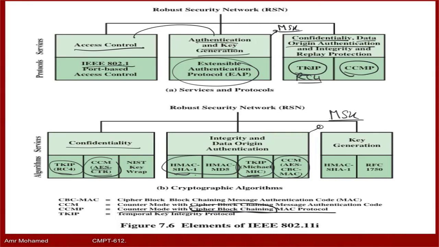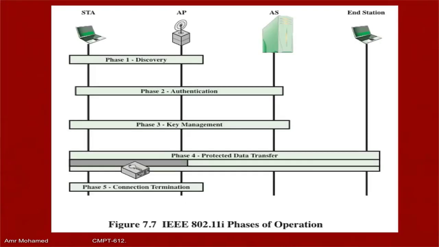We'll see how many keys we need for that case. So to generate this set of keys, we need some kind of a hash function. So they use HMAC SHA-1 to generate all these keys from the master session key. That's what we will talk about in the next few slides.